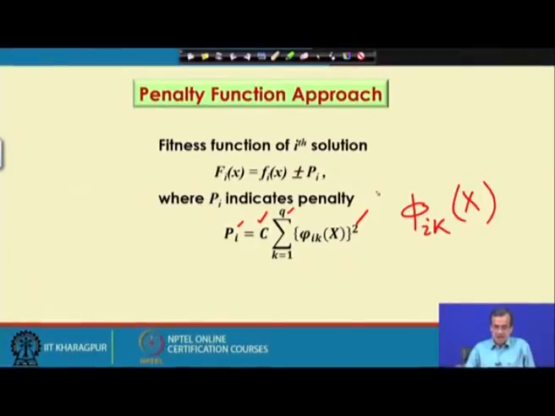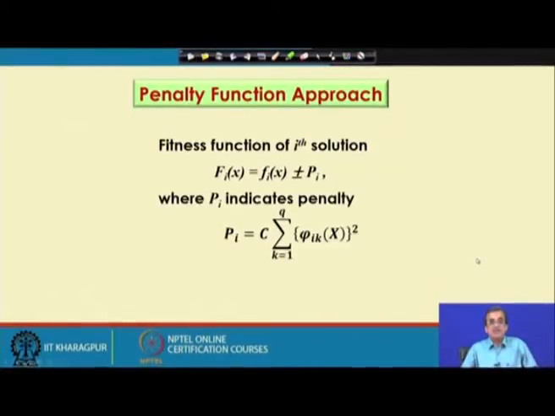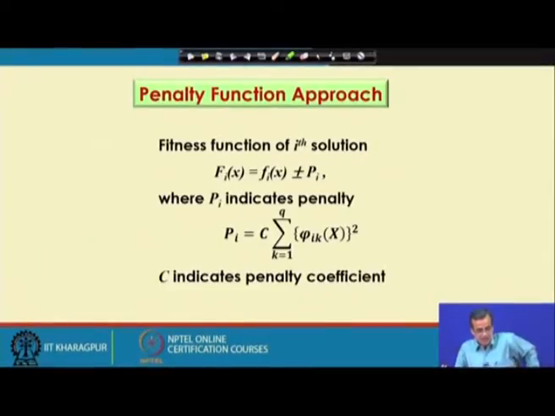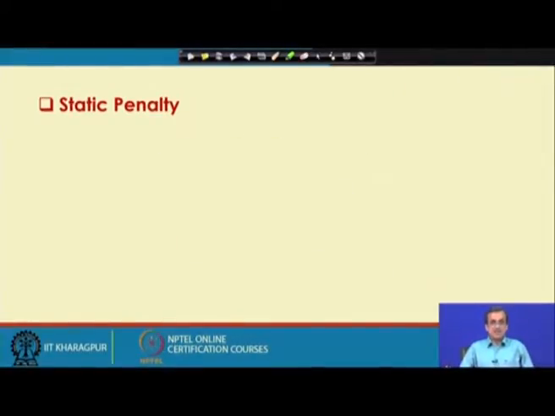Now, let us see how to find out this penalty value using different approaches. I am going to discuss a few approaches for how to calculate this penalty value. Here, we are going to use the concept of the static penalty first.